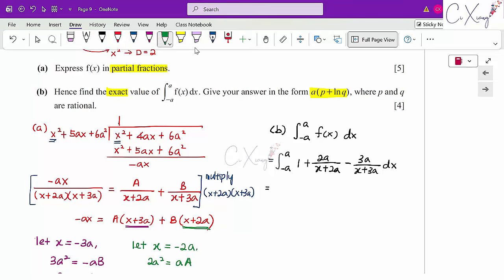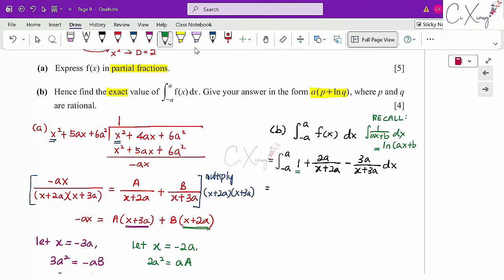If you need some recall, 1 is a constant, so very easy to integrate. 2a over x plus 2a is basically related to integrating 1 over ax plus b. When you integrate 1 over ax plus b, you will have ln of ax plus b.